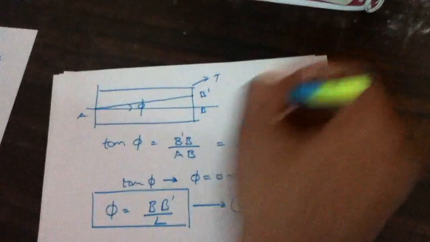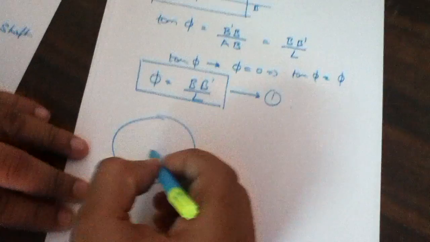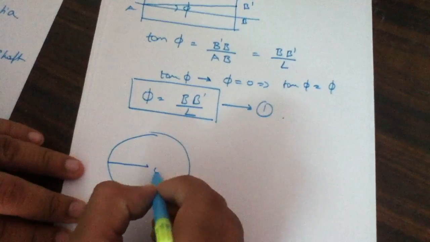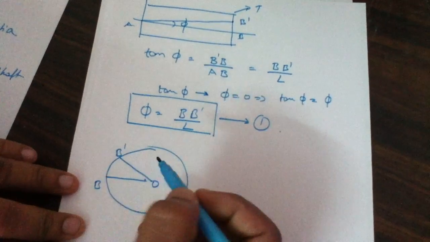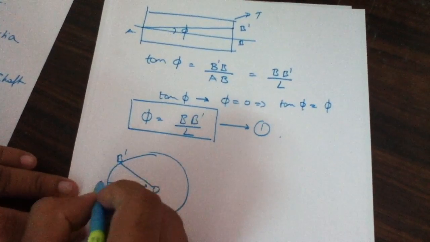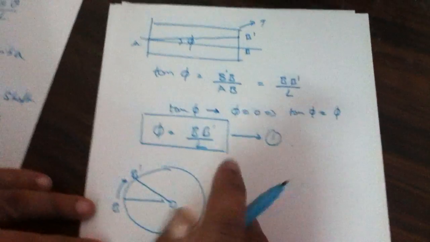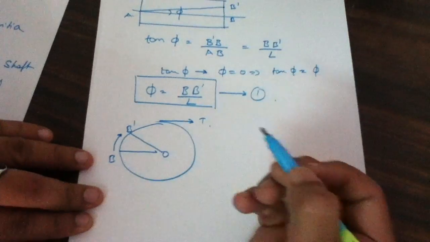Now since we know the side view, it will appear like this. This is O and this is B, and this is the new position after the torque. The B moves to B dash while applying the twisting moment torque.